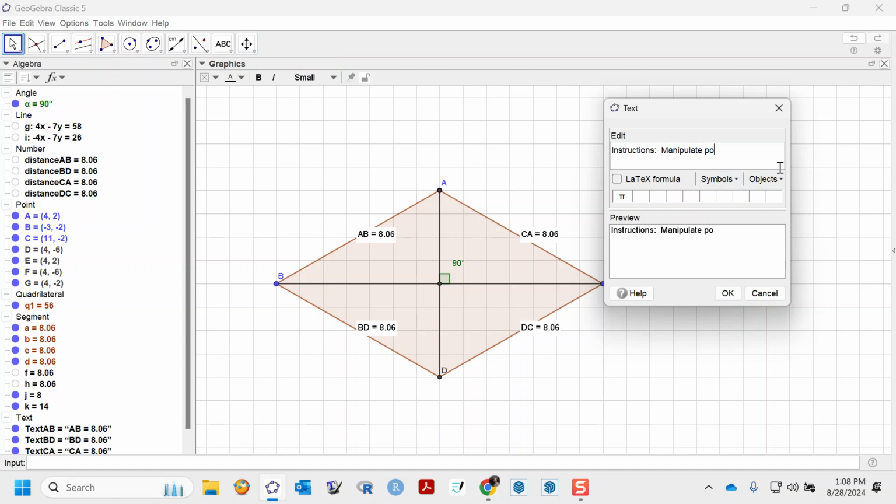Manipulate points A, B, C, and D. With this thing you have to use a return to make it narrow enough to post. So manipulate points A, B, C, and D to, what do we want to say, to create perpendicular diagonals.